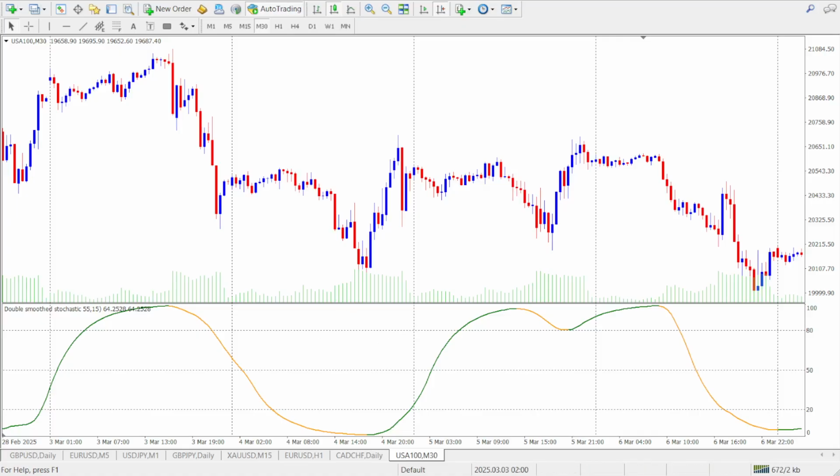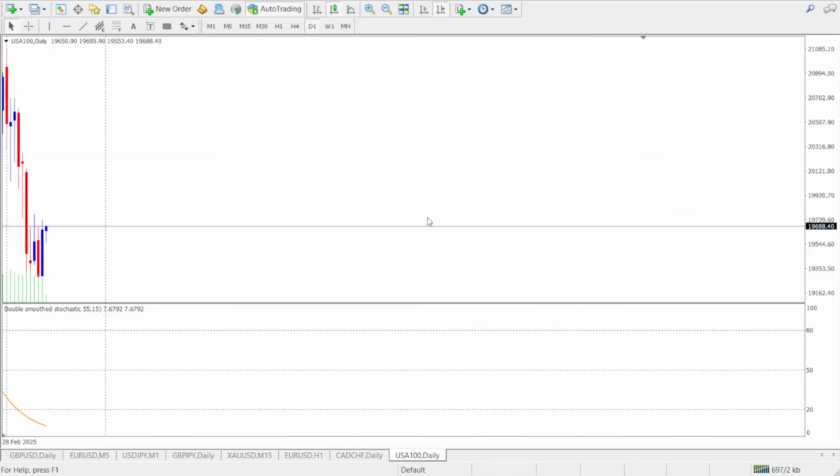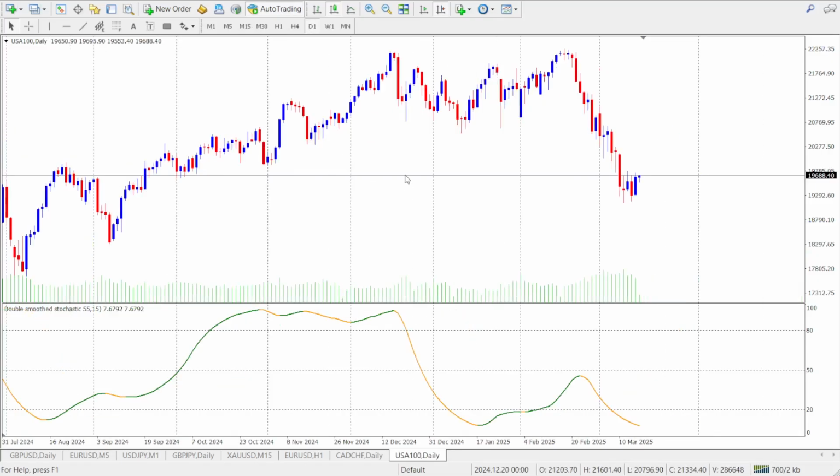So why should you use the Double Smoothed Stochastic Indicator instead of the traditional stochastic oscillator? 1, because of less noise and more accuracy. The extra smoothing eliminates false breakouts and whipsaws, making your signals more reliable. Secondly, for the sake of clear trend confirmation. Instead of constantly reacting to small price movements, you can focus on stronger, more valid trends.